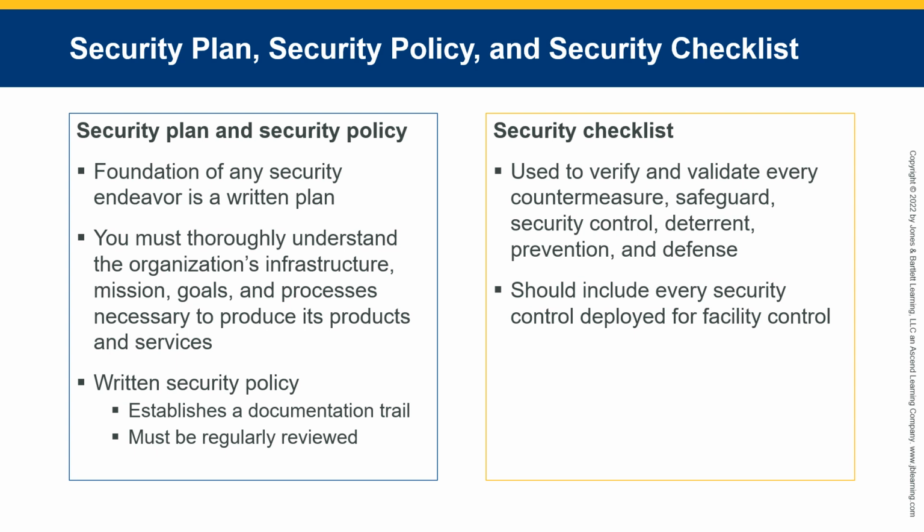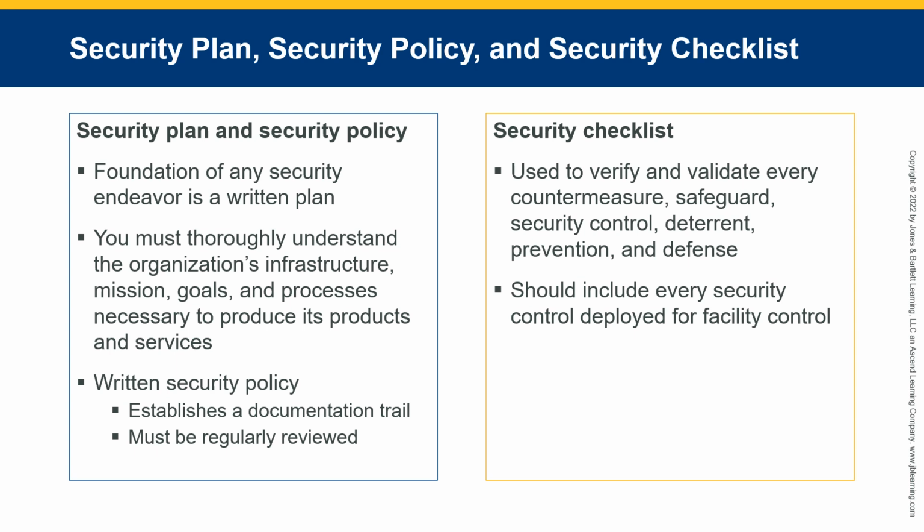Also, a security checklist, and these are used to validate every countermeasure, safeguard, security control, deterrent, prevention, defense. Anything you have should have a checklist of a procedure of what to do. If you're making a new build, it should have the procedure for that.